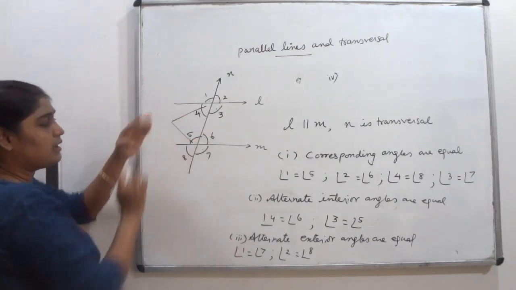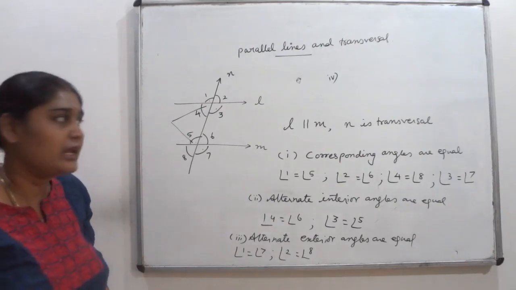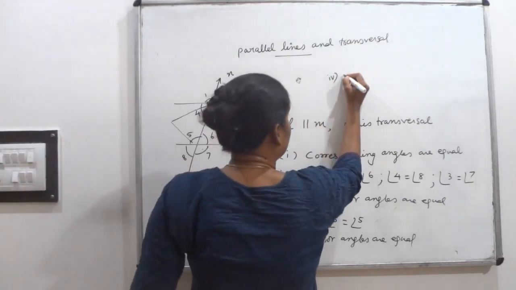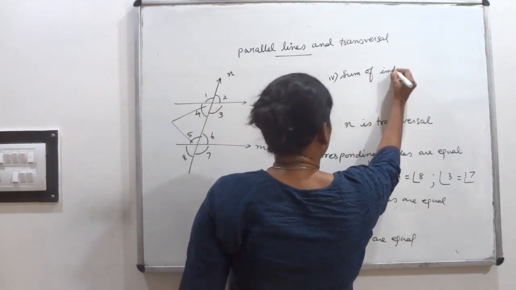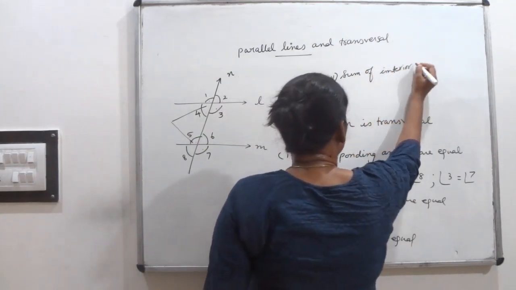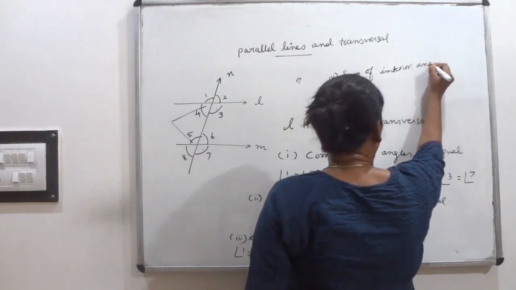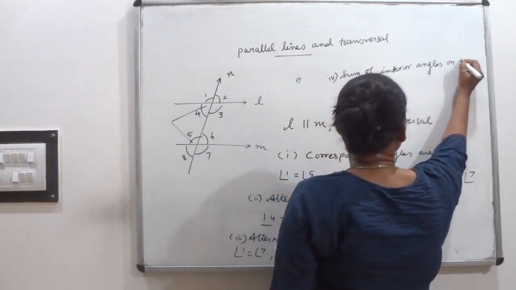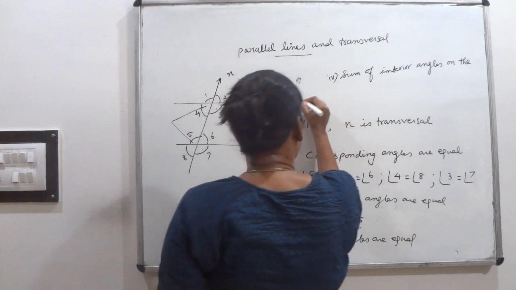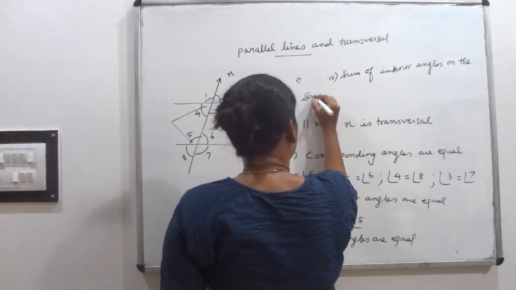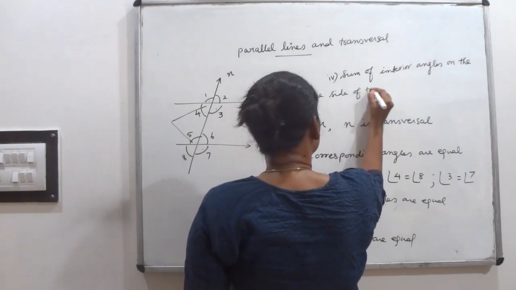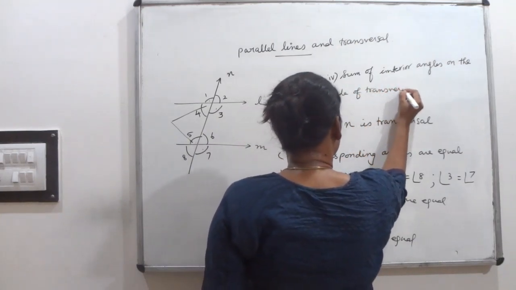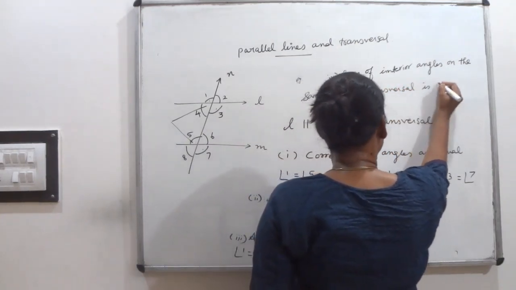Angle 4 plus angle 5 is equal to 180 degrees. The sum of interior angles on the same side of the transversal is 180 degrees.